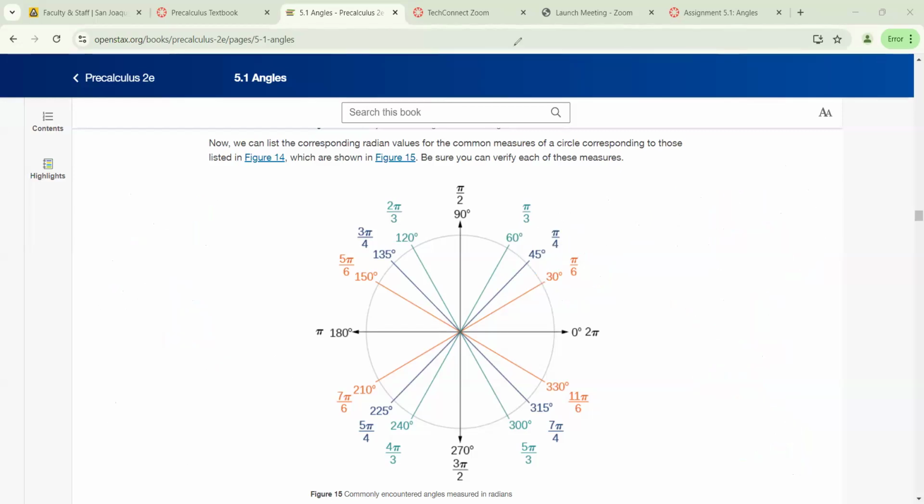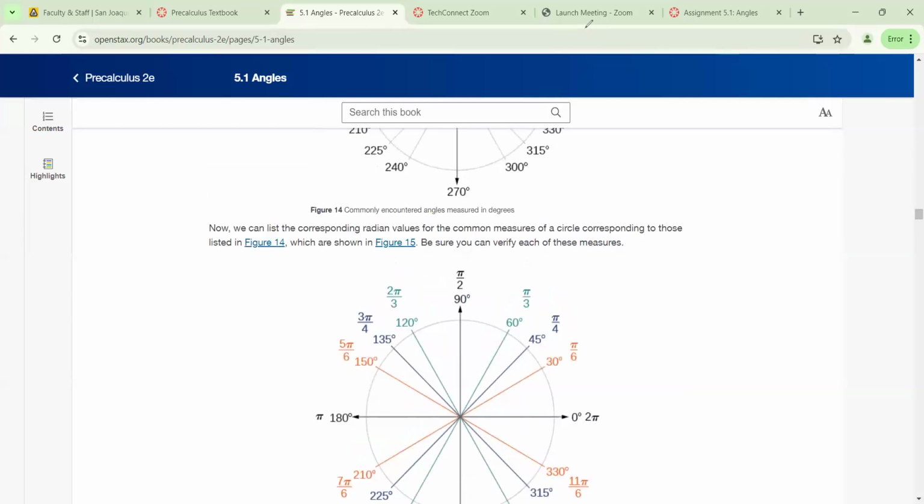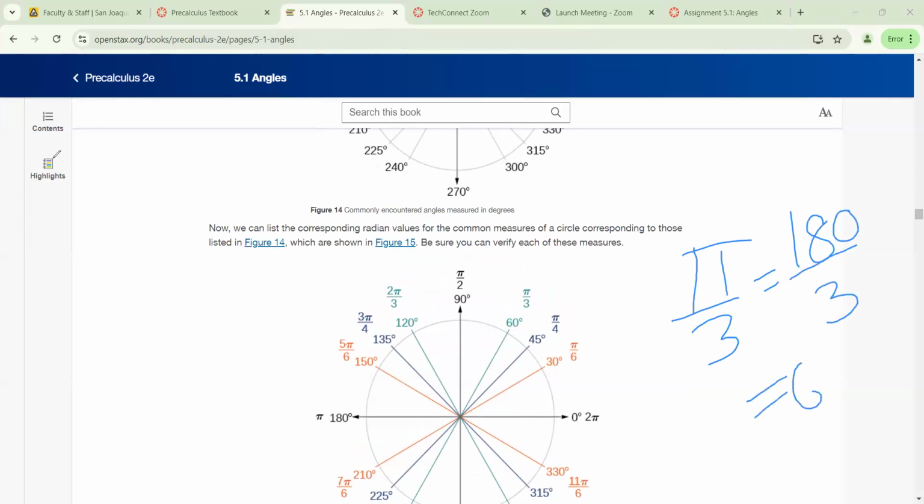So if I have pi over 3, which is 60 degrees, to see it in degrees, all I do is fill in pi as 180. 180 over 3 is 60. Now 2 pi over 3, convert it back to degrees.